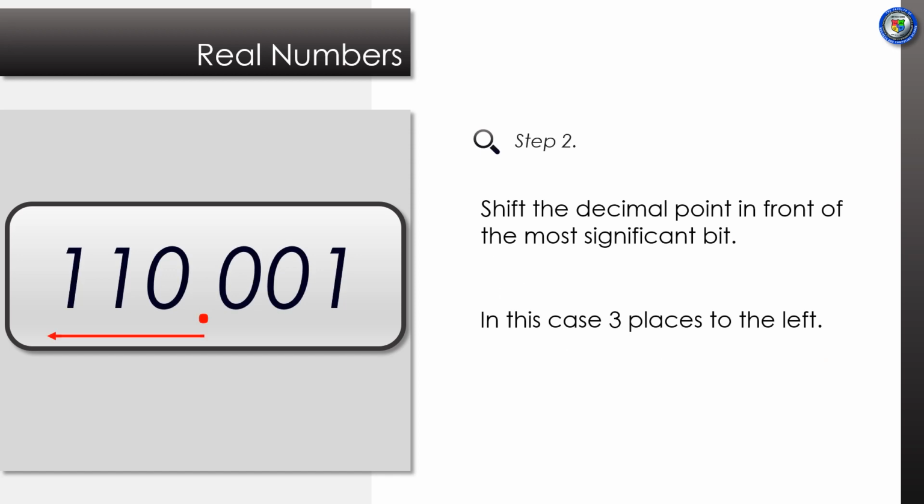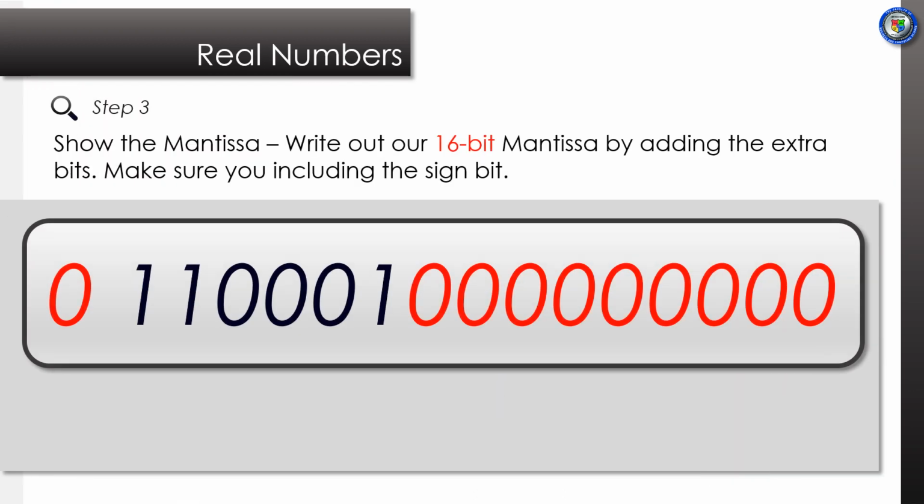In the second step, we will shift the decimal point in front of the most significant bit. In this case, we will shift the decimal point 3 places to the left. This gives us an exponent of 3. In step 3, we can now complete and show our 16-bit mantissa. Again, make sure you include your sign bit as one of those 16 bits.